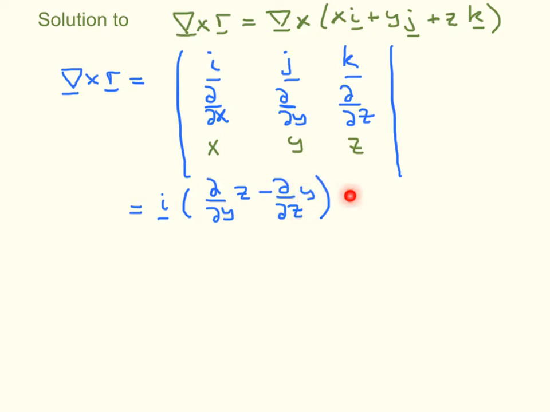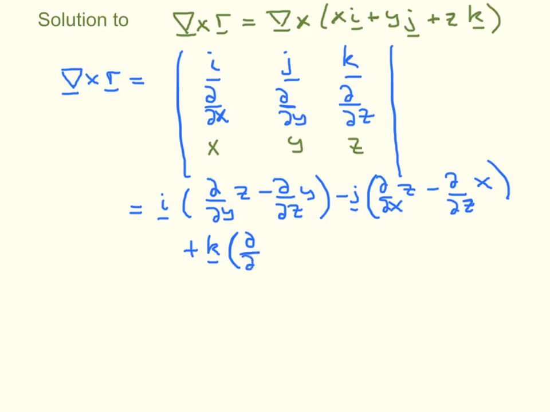And similarly, in the other directions, minus d by dx acting on z, which will vanish because z does not depend on x, minus d by dz acting upon x, plus k multiplied by the derivative with respect to x of y, which vanishes, minus the derivative with respect to y of x, which also vanishes.